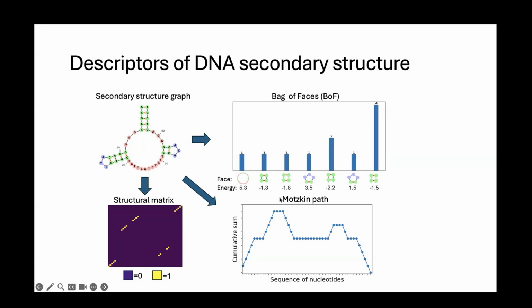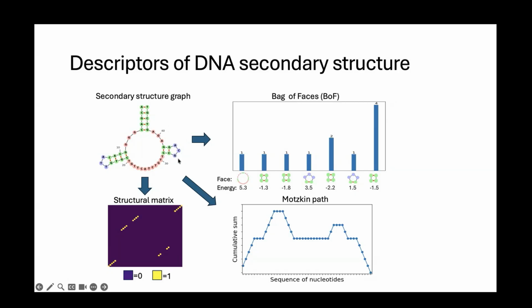There's a couple of things we look at here. One is taking the secondary structure and turning that into a function, a unique function, a one-to-one correspondence. This is using something called a Motzkin path. The Motzkin path measures the cumulative sum of these bindings: you're increasing by one or decreasing by one where you have the binding, and you're flat where you don't have it.